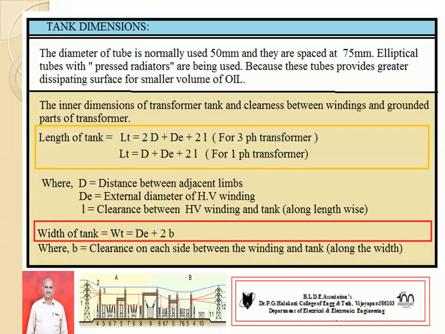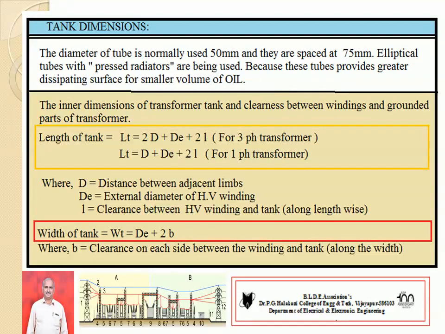So the length of the tank, in the usual case, equals 2D plus DE plus 2L, where D is the distance between adjacent centers, DE is the external diameter of the HV winding, and L is the clearance along the lengthwise direction. It is for a 3-phase transformer. Similarly, for a single-phase transformer, it is D plus DE plus 2L. That is the difference. So depending upon the transformer, you can select that value.